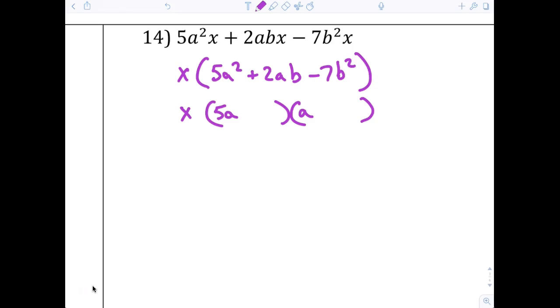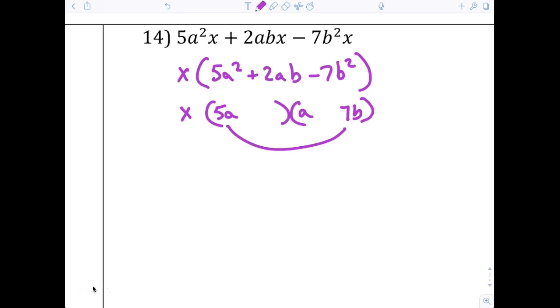The only factors of 7b squared are going to be... All right. Now where does the 7 go? On the right or the left? If I put the 7b here, that makes how many? You see what I'm saying? So it doesn't matter.